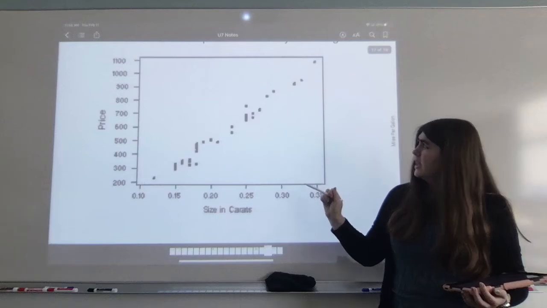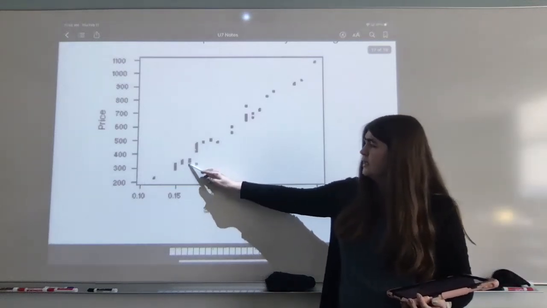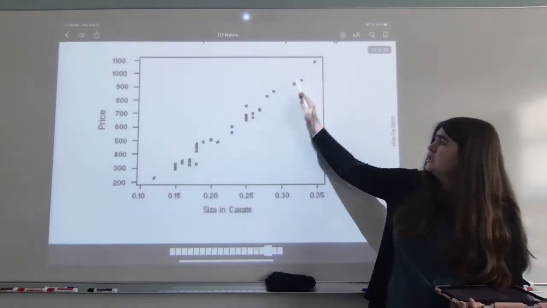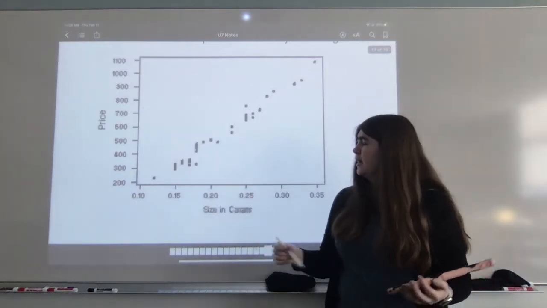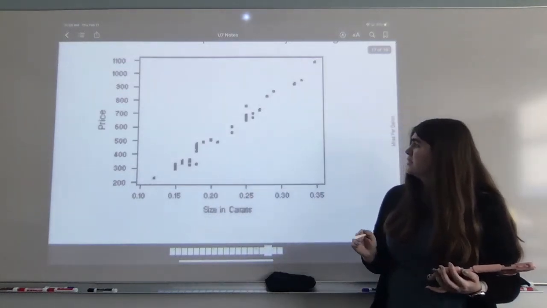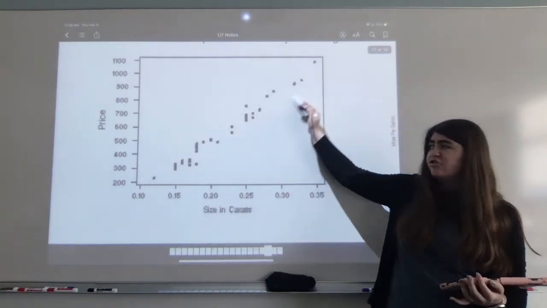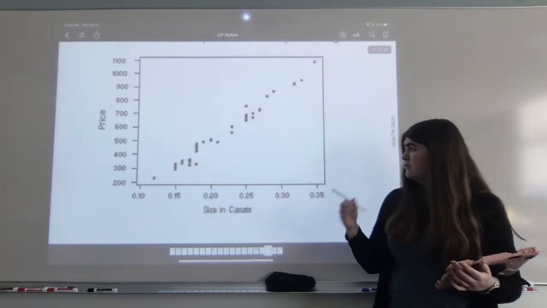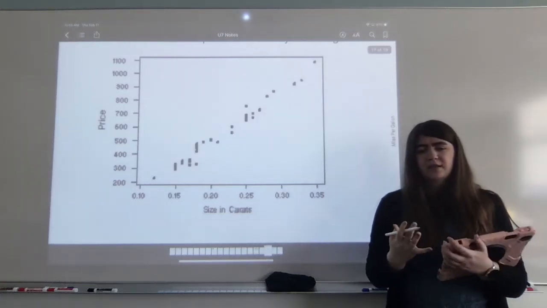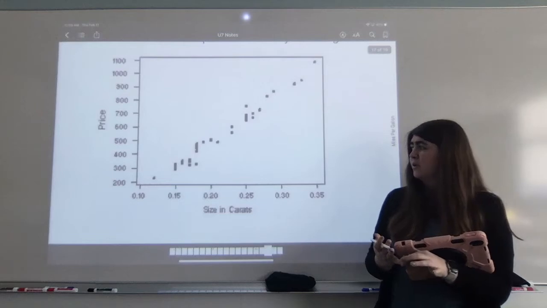As I'm looking at this data, I'm noticing that they're forming a pretty clear line. I can see where it's going. I'm not seeing any outliers. Everything seems to be fitting in with the trend, and it's going in a positive direction.